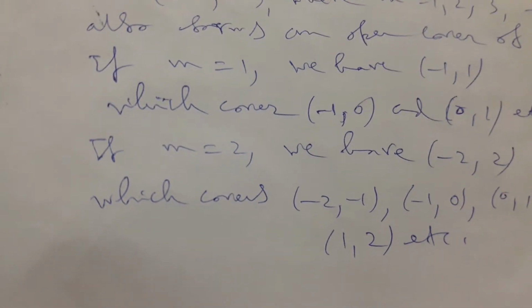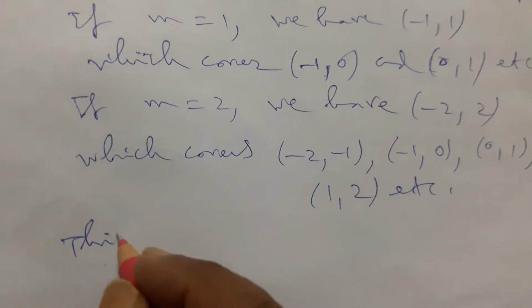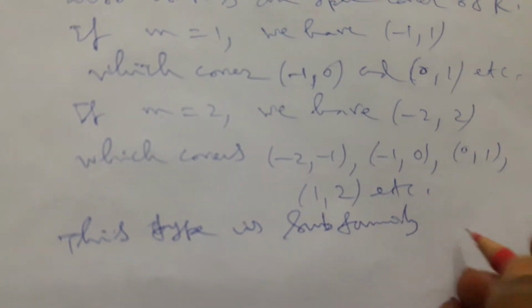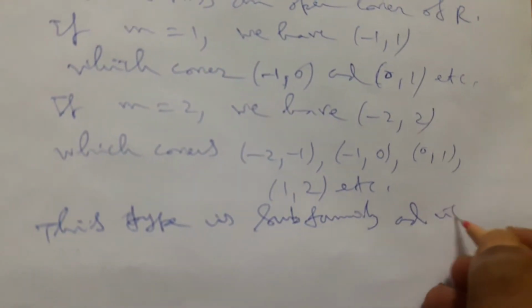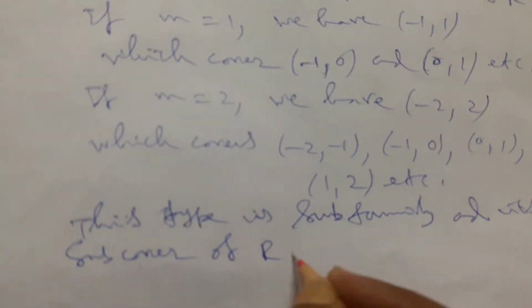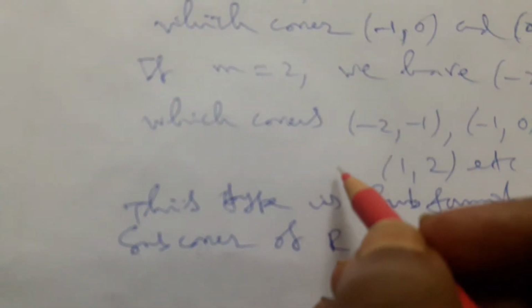It is called the subfamily member, and this type of subfamily is a subcover of R. So we find here this open type of cover, open cover, like this interval (a, b), and here we find another type of cover, that is subcover. It is also an open cover. So every subcover is also an open cover.